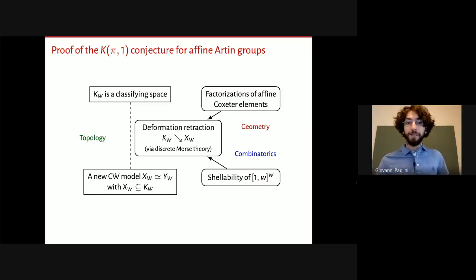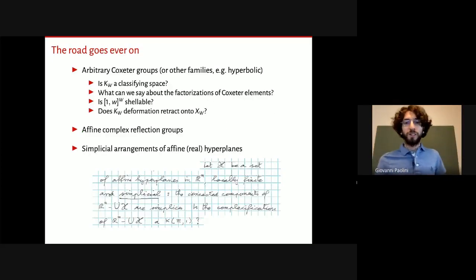But everything else in our proof was very specific to the case of affine Coxeter groups. So we don't know how much and what can be generalized to other Coxeter groups.